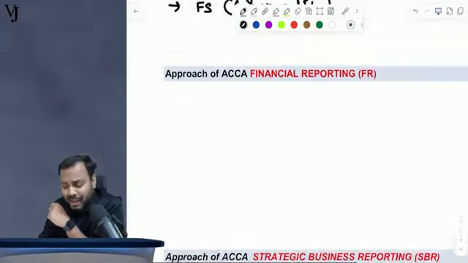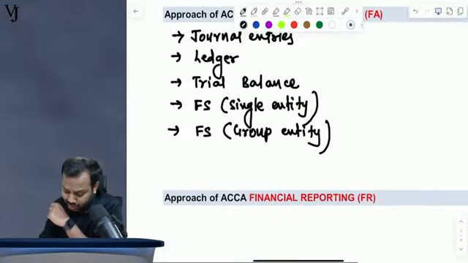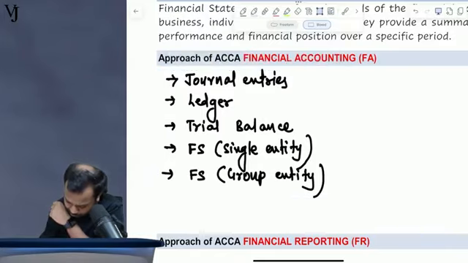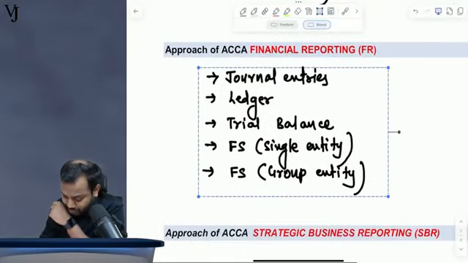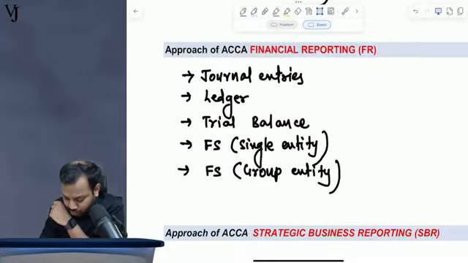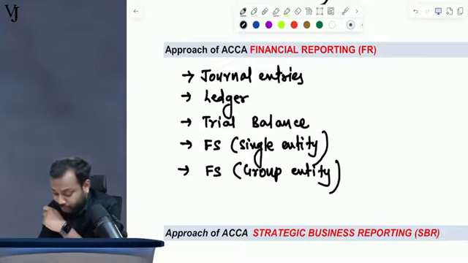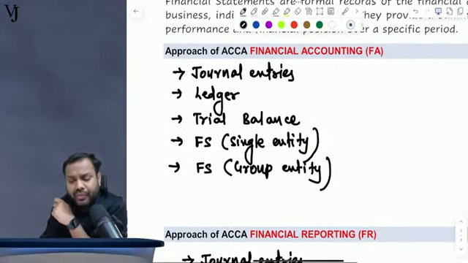Now, when you reach FR level, understand guys how things change. Do we need to pass journal entries at FR level? Yes. But then what is the difference between FA and FR?